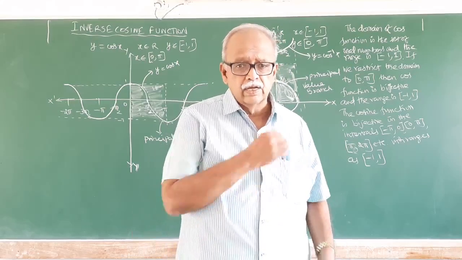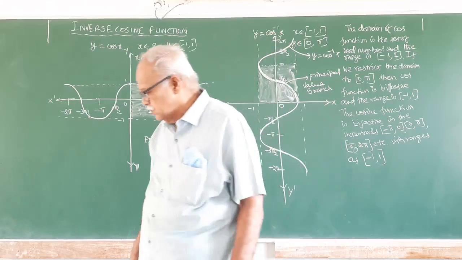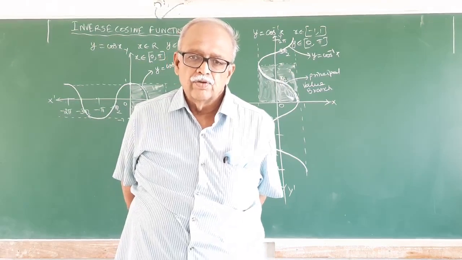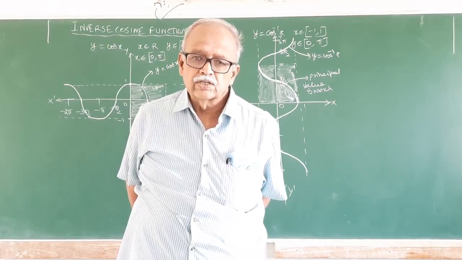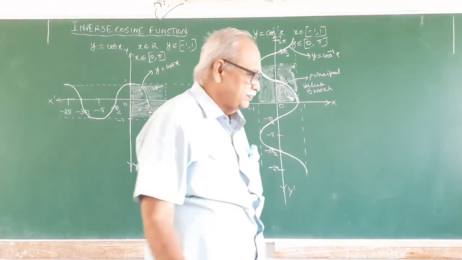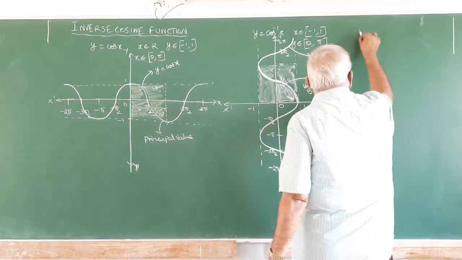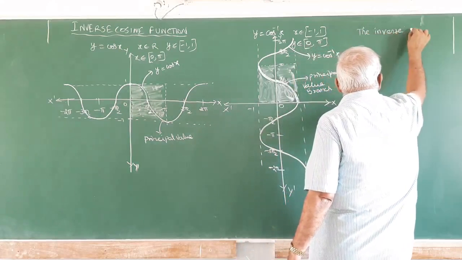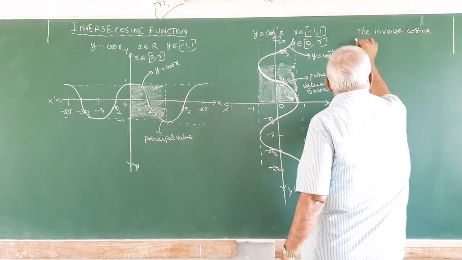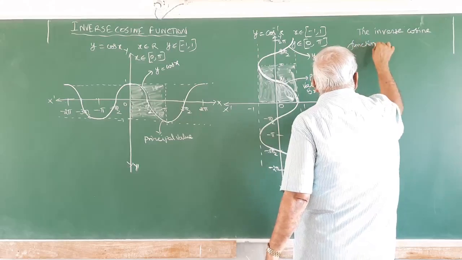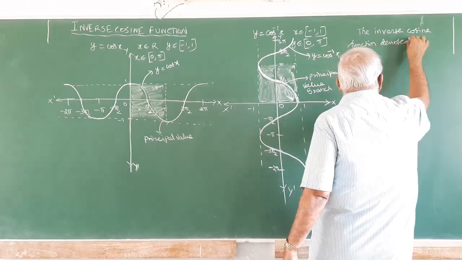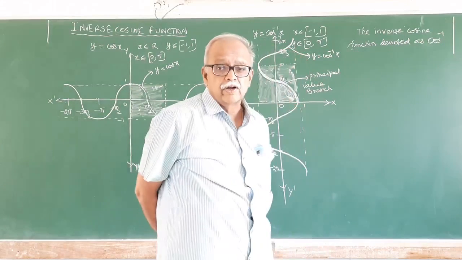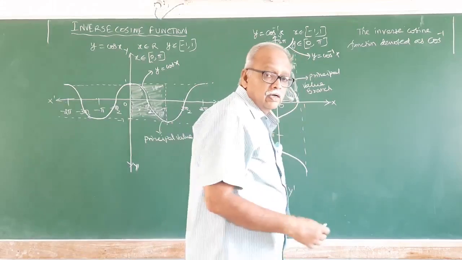Now I will write the inverse cosine function notes for you. Now we will write the notes for the inverse cosine function. The inverse cosine function is denoted as cos inverse.